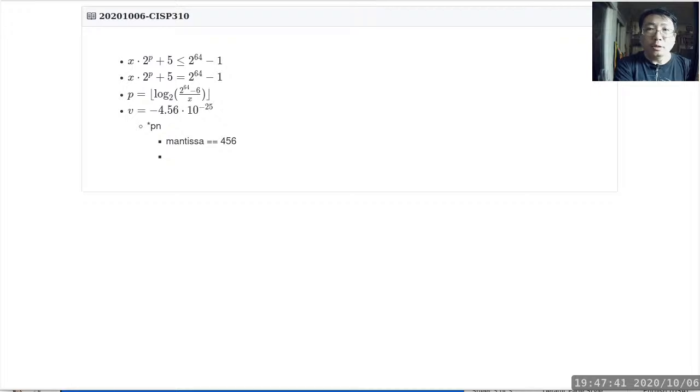Mantissa is going to be 456, and then EXP10 is going to be whatever we see here, which is negative 25 minus 2, because we have to shift the decimal point 2 places to the right-hand side. For each place that we shift the point to the right, we have to decrease the exponent of 10 by 1. This time we have to decrease it twice. So that will make it negative 27. It will also automatically give you an EXP2 of 0. That's just initialized to be 0. So that would be the beginning condition of this particular example.